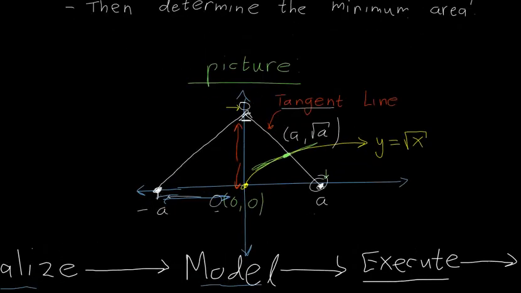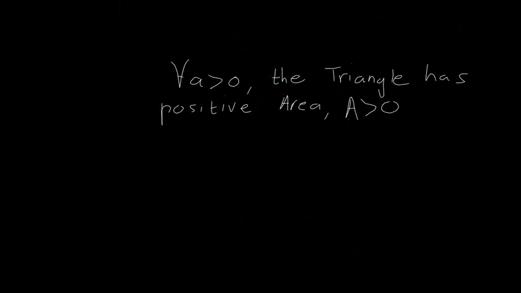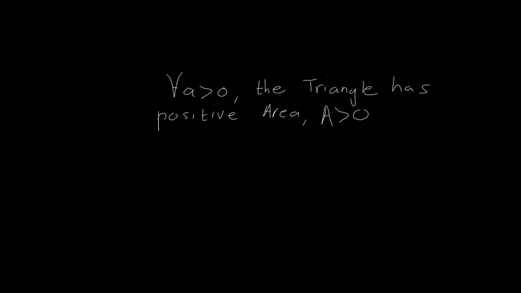I think you can make sense of that visually and logically. So what comes out of this is that no matter what positive value you choose, I can always choose a smaller positive value and get a smaller triangle.